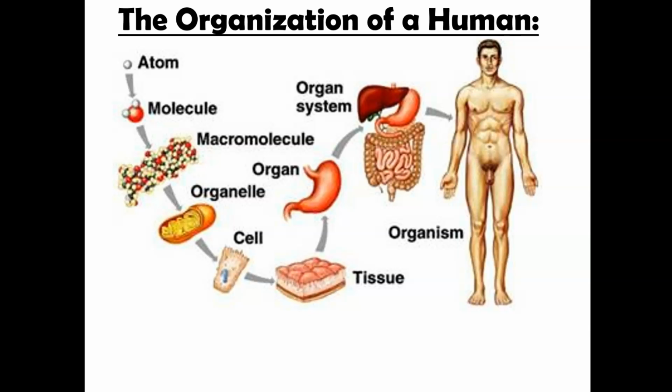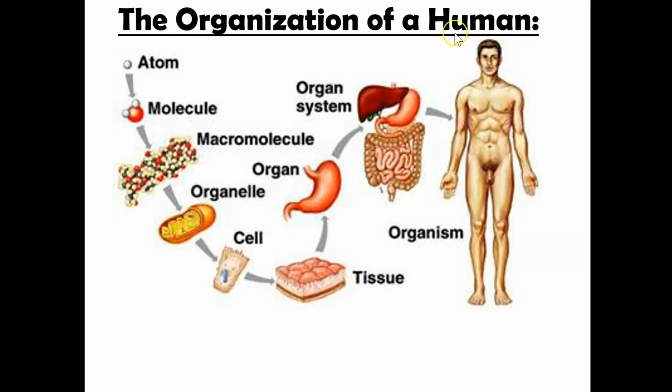So the human body is organized in a way in which we look at the tiniest part of matter, and these smaller, tinier particles form larger molecules, which form even larger macromolecules, until you have a complete human being.